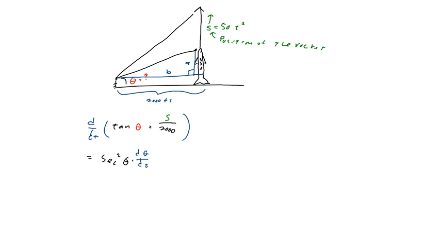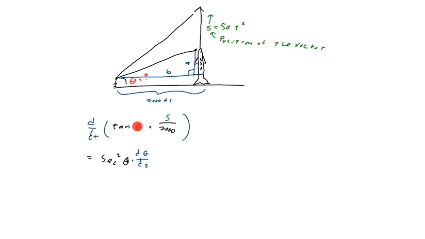Why do we have this d theta dt? Well, because we're taking the derivative with respect to time, the rate, right? Just like our chain rule, we do the derivative of the outside, tangent to secant squared, times the derivative of the inside, that theta.